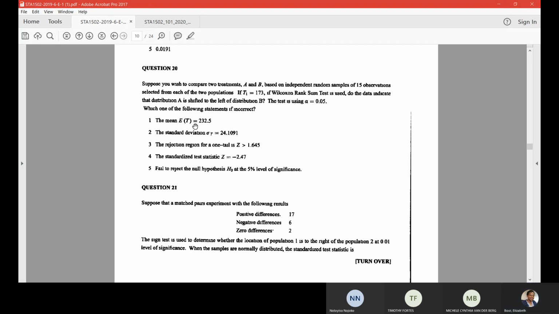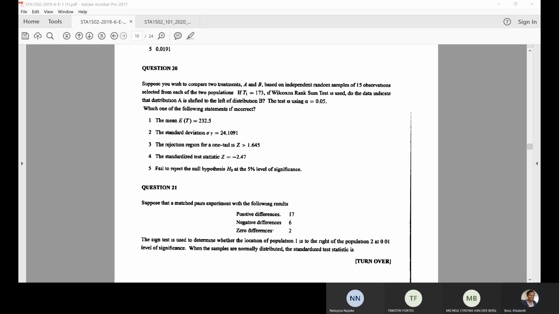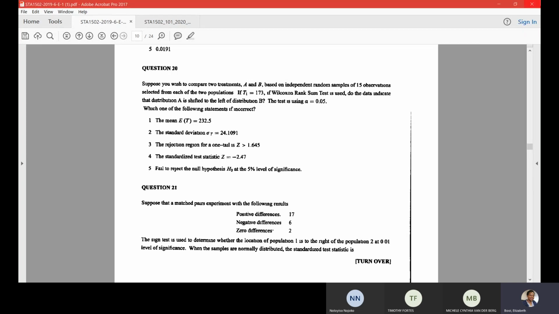So your mean will be n1 times n plus 1 divided by 2. You will use that formula to calculate your expected mean.